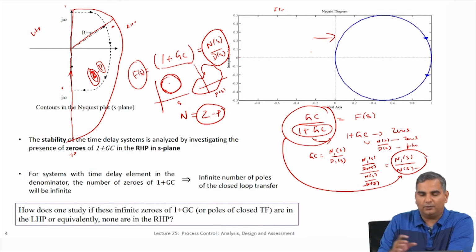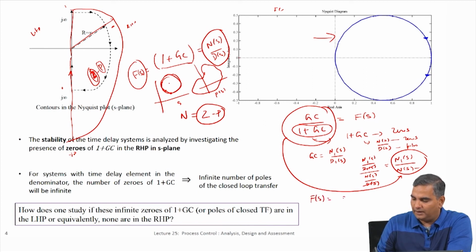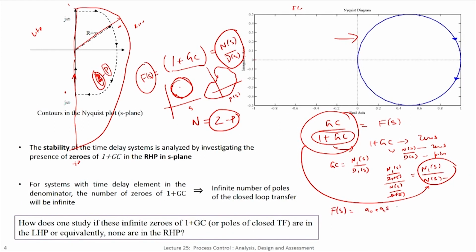And this computation is very simple, whatever F(s) is. F(s) can be some a0 plus a1 s all the way up to am s to the power m, divided by b0 plus b1 s all the way up to bn s to the power n. So I do not even have to have this in root form. Just to make sure that we understand this, it could have some other time delay term here also. It does not matter.